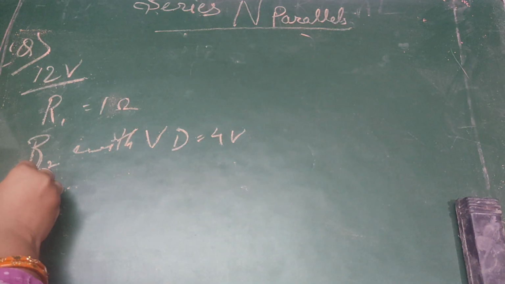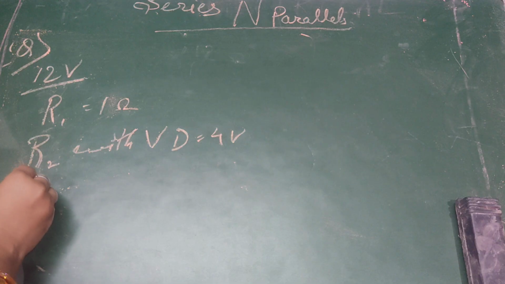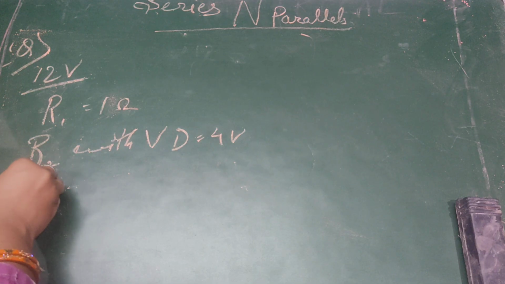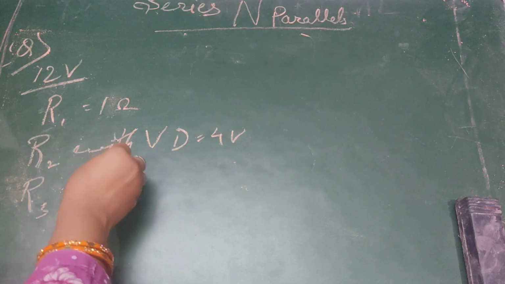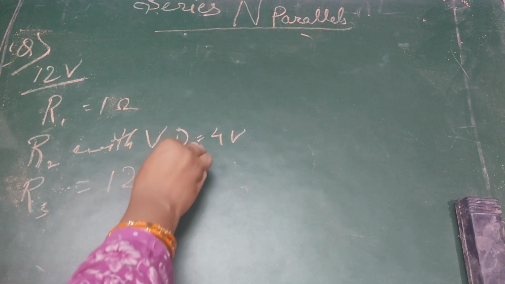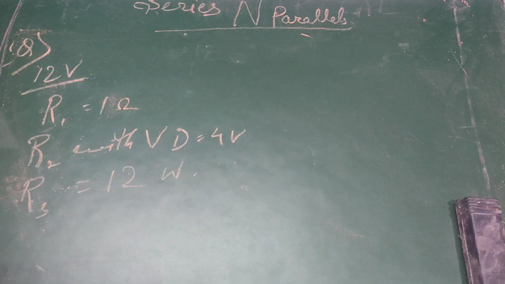And the third has a power dissipation of 12 watt. This is an interesting question. Now it is telling us to calculate the value of each resistance and the circuit current. First we'll try to make it as a circuit diagram, so you will feel it is easy.